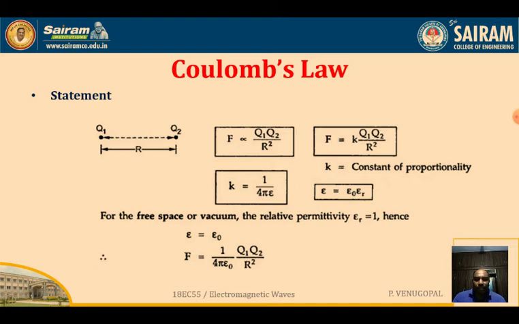Epsilon naught has the value of 8.854 into 10 to the power of minus 12 farads per meter. Farads per meter is the unit of permittivity, and epsilon r is equal to 1. Hence, epsilon becomes epsilon naught for free space or vacuum. Therefore, F is equal to 1 by 4 pi epsilon naught into Q1 Q2 divided by r square.